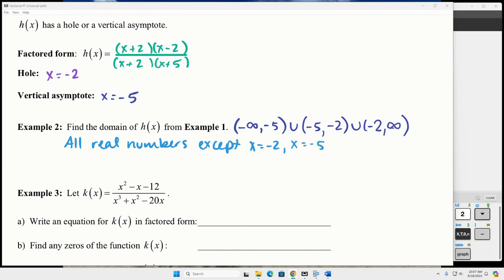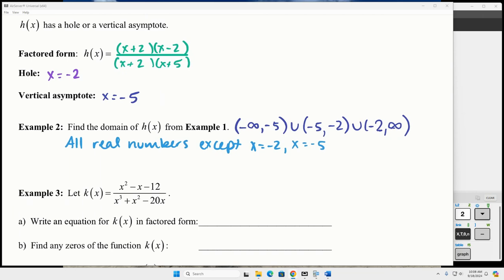Now, one of the first days we did this, we wrote where the function was undefined. We would say x does not equal -2 and x does not equal -5. That was us finding the domain then. I just wasn't calling it that. All right, so that's pretty much the new stuff that's not super new.